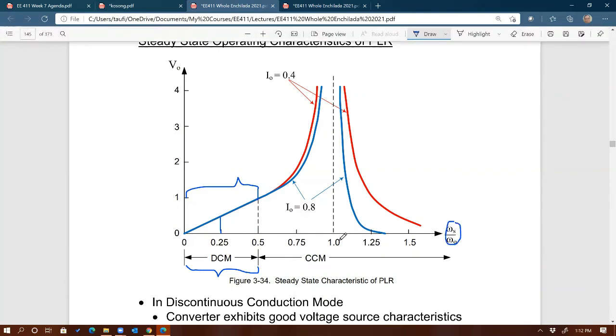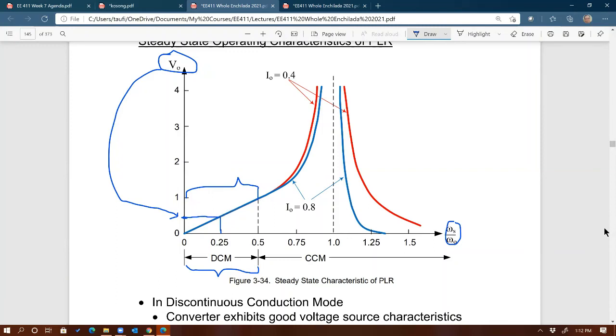So if the ratio is 0.25, meaning you're operating in DCM, then it does not matter what current the load is seeing or drawing. It will always give you the same voltage. See that? So what does it mean then? Well, how is it a benefit? If for different currents you get the same voltage, how would that benefit us?